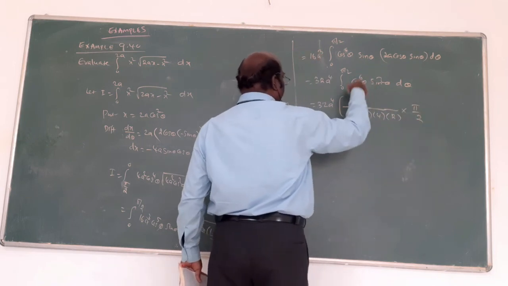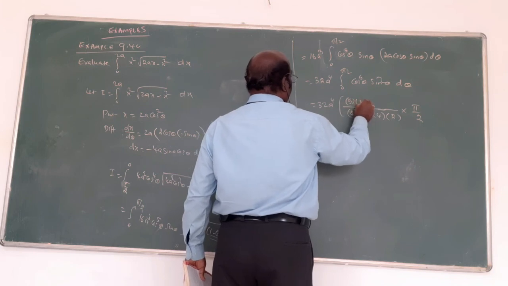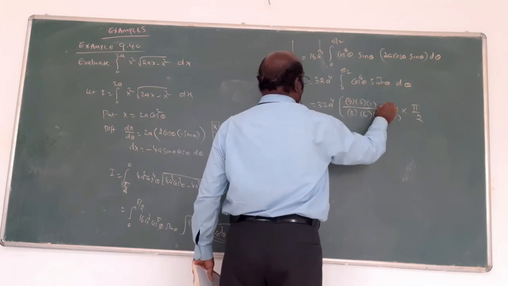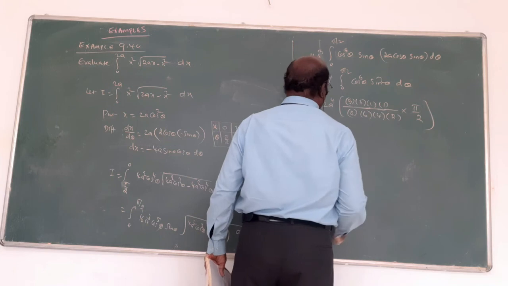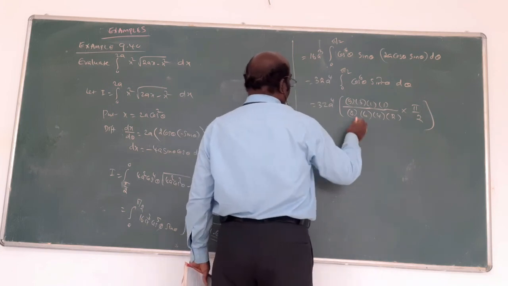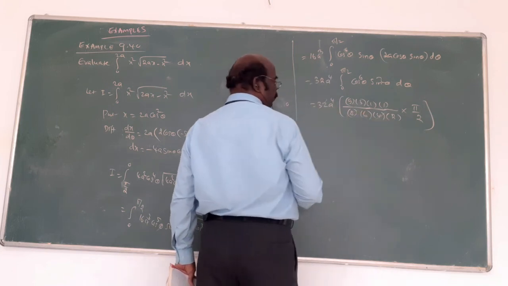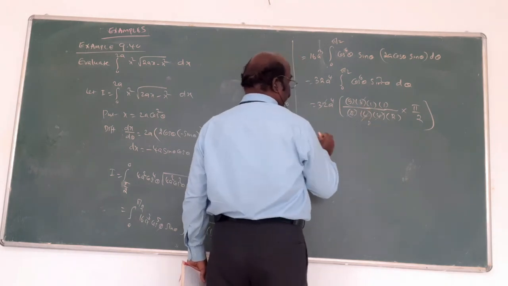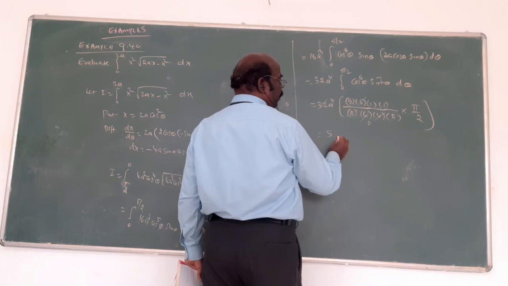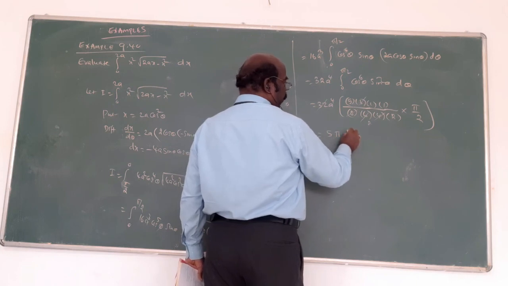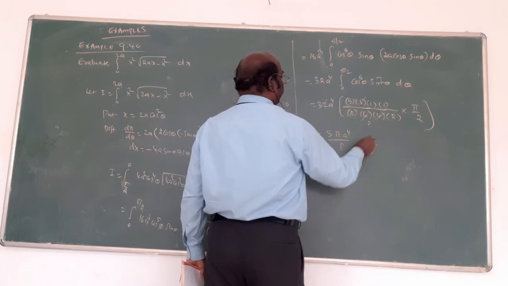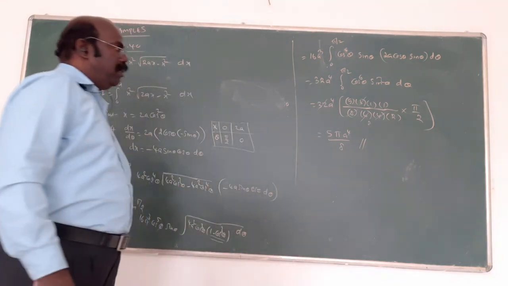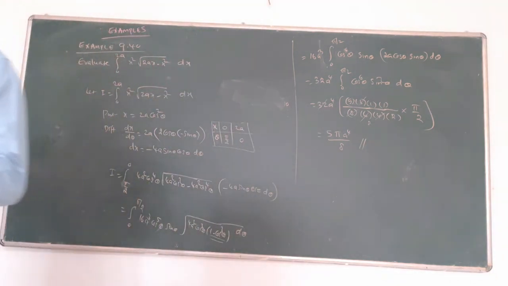Power is 6 minus 1, 5 into 3 into 1, 2 minus 1, that's all. Okay? Now 8 into 4 will cancel. Next is what? 5 a power 4 by 8 is the answer. 5 by 8 into a power 4 is the answer.